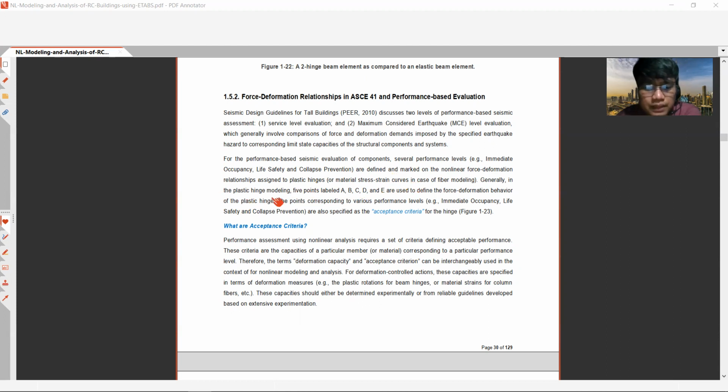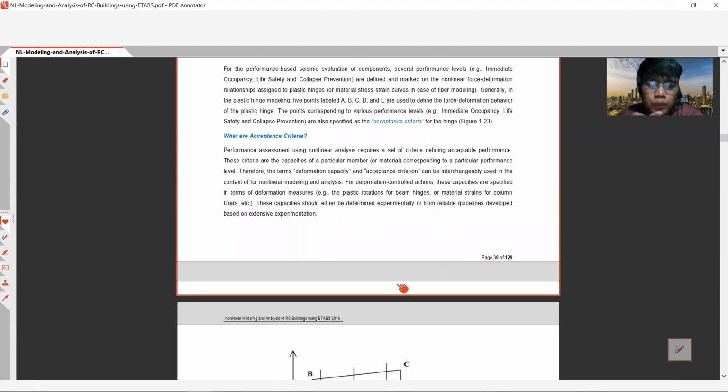Generally in plastic hinge modeling, 5 points labeled A, B, C, D, and E are used to define the force deformation behavior of the plastic hinges. The points correspond to the various performance levels such as immediate occupancy, IO, life safety, and collapse prevention. These performance levels are specified as the acceptance criteria for the hinge, given in Figure 1-23.